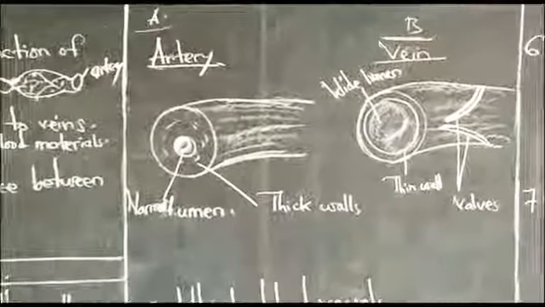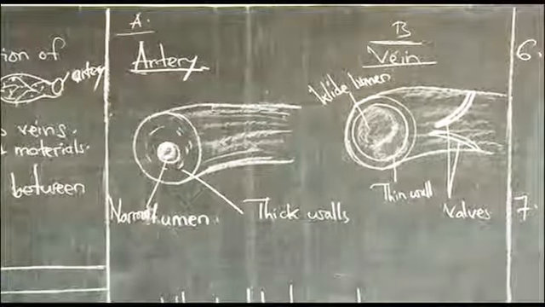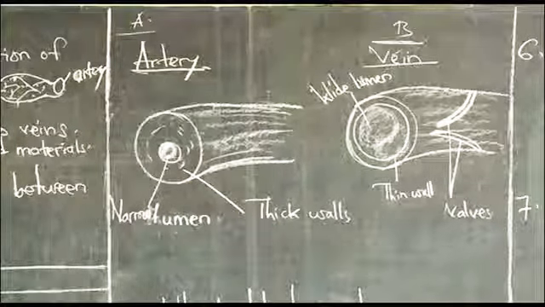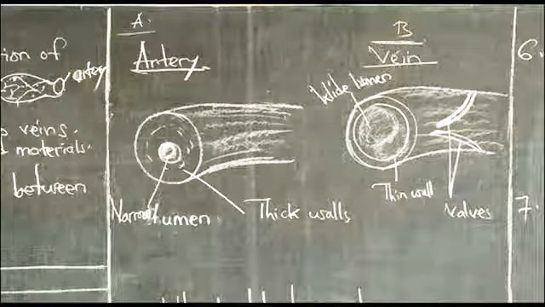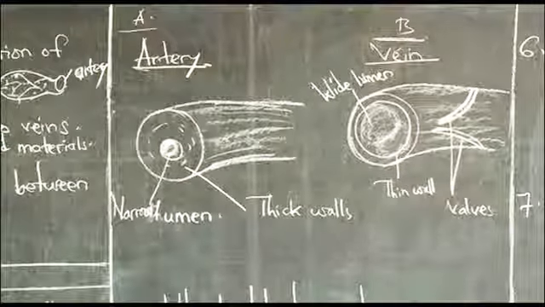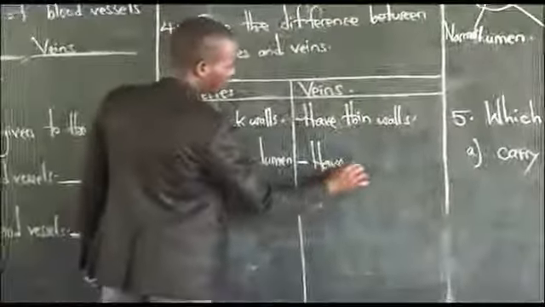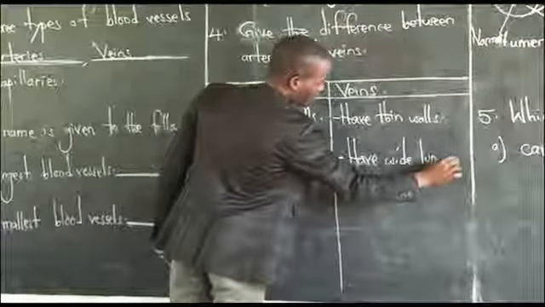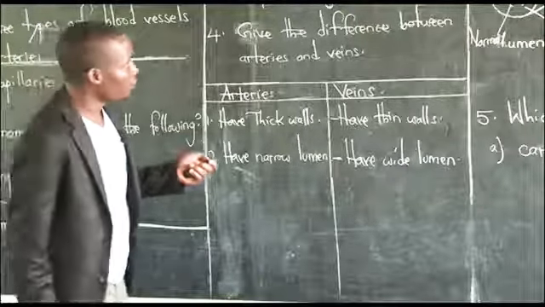So number 2, we can say that arteries have a narrow lumen, and on the other side, for veins the lumen is wide. So veins have a wide lumen. As simple as that.